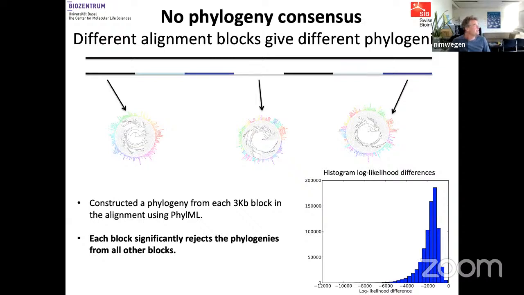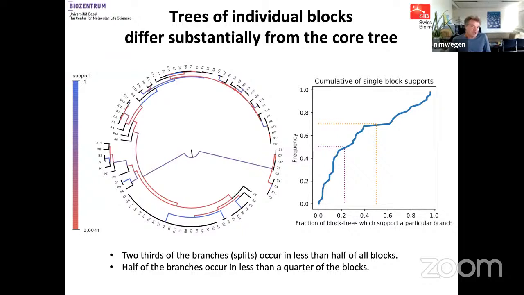Now, of course, it could be that these phylogenies are still very, very close to each other, okay? They're statistically significantly different, but they almost look the same. But this is also not really the case. So what I've shown you here is just the phylogeny of the 92 strains, the core tree phylogeny based on the core genome of these 92 strains.